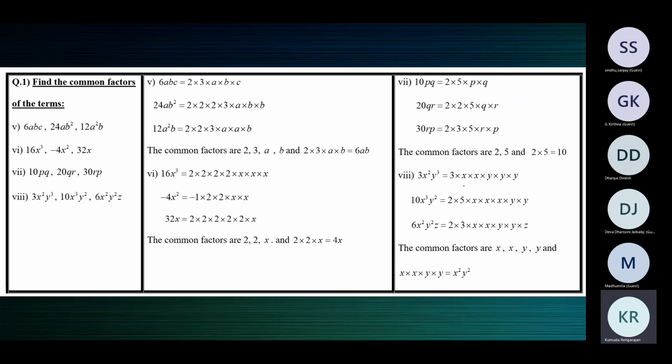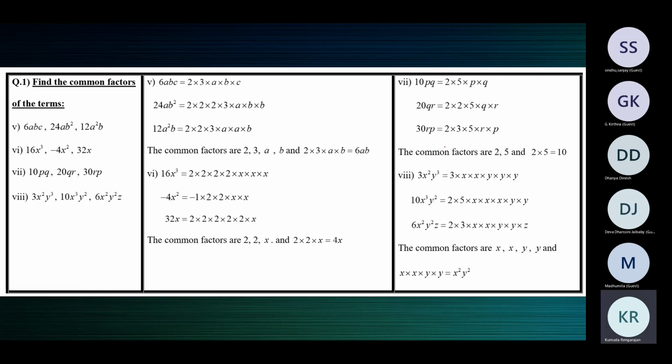If you look at the eighth one, there is no number which is common between all the three. The three is in the first one and the last one, but it's not here. 2 is common between these two, but 2 is not here. 3 is here and here, but there's no 3 here. So between the numbers, there is nothing common between all the three terms.